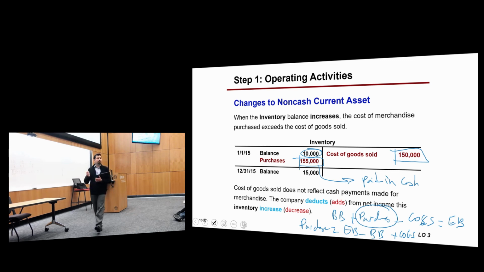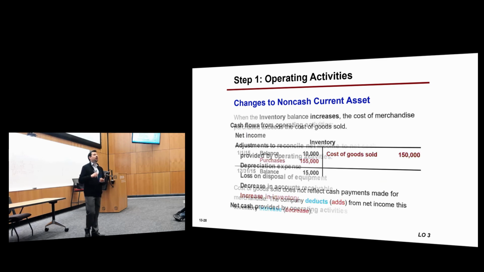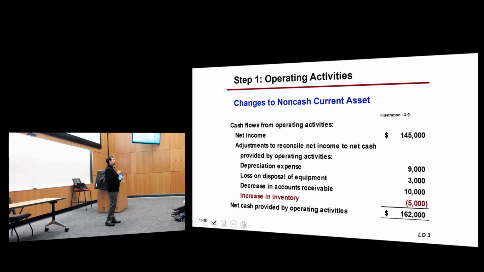So you subtract the increase in inventory, and if we had a decrease in inventory, that means you actually sold more than you purchased. In this case, you have to add it. So increase in inventory is subtracted.